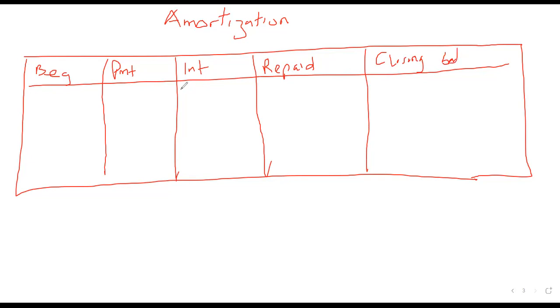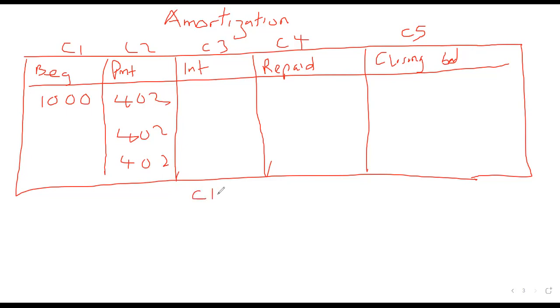So our loan initially was 1,000. The periodic payment is 402 for the 3 years, 402 and 402. This is column 1, column 2, column 3, column 4, column 5. Our interest is 10%, so column 1 times 10% is how we get column 3.